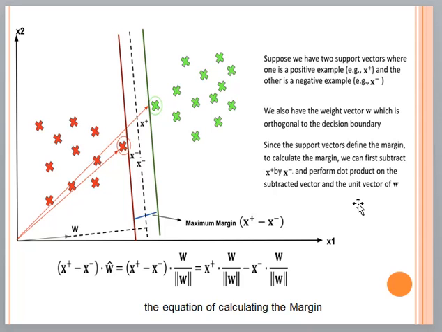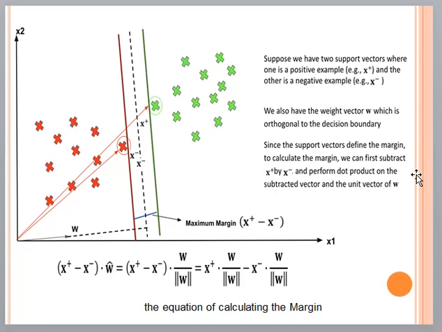So in order to calculate the margin between the two vectors, we can simply subtract the positive example by the negative example, which means that we can subtract x plus by x minus and perform a dot product on the subtracted vector and the unit vector of w.